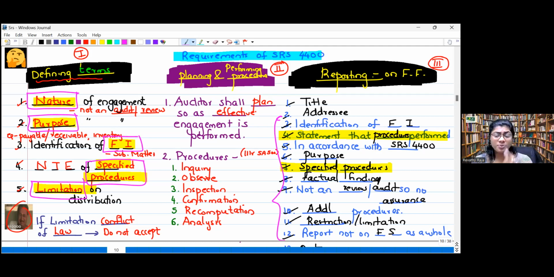Planning and performing procedures. Performing procedures is similar to SA. From where did we get procedures similar to SA? 500. Always asked: enquiry, we saw, observation, inspection, your fourth one, confirmation, recomputation, one thing I left off, analysis, which is nothing but analytical.